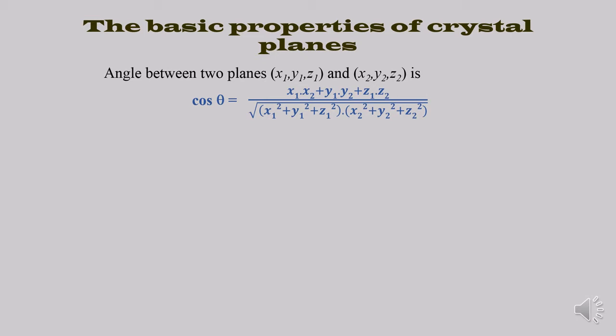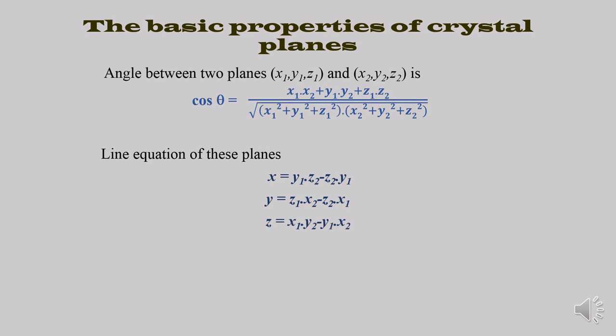Right? Second observation, that is, these planes will intersect at a line. The line direction is given by x, y, z, which actually means the Miller indices of the planes, where x equal to y1 z2 minus z1 y2, y equal to z1 x2 minus x1 z2, and z equal to x1 y2 minus y1 x2.